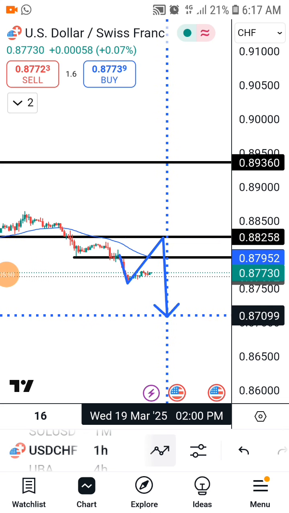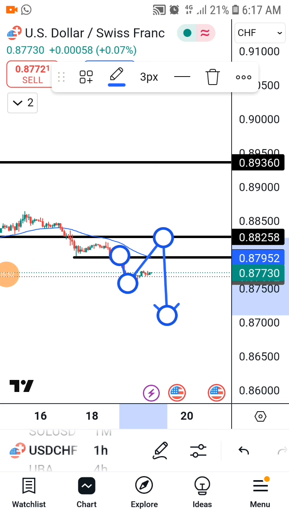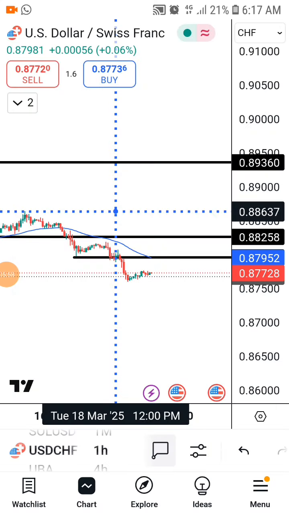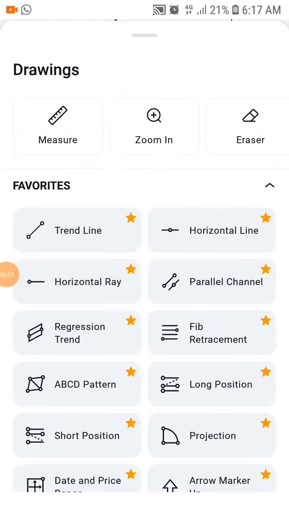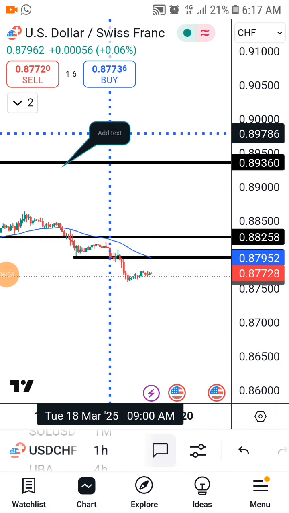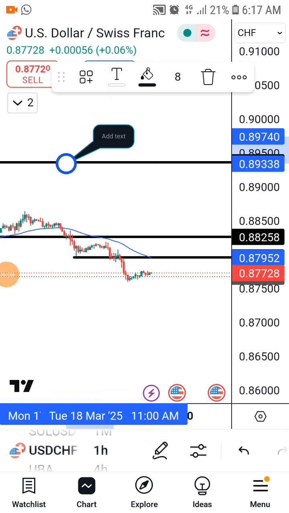Remember, let me indicate it. This is our daily 50 moving average.